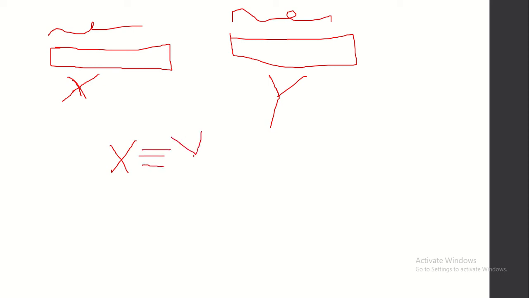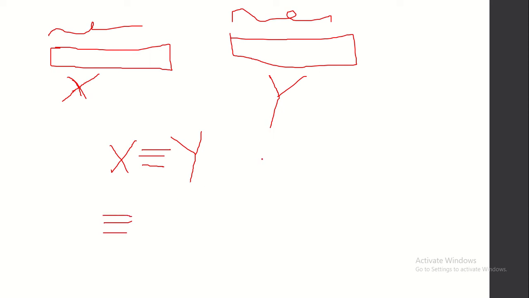Remember, we are saying that x is equivalent to y. We are not saying it's equal. X and y are not equal to each other, they are equivalent, and we represent the equivalence with this symbol. This is the symbol of equivalence.